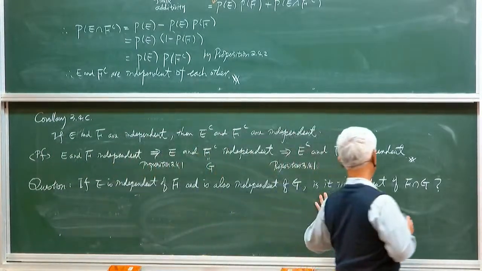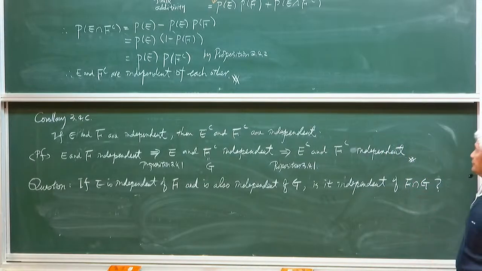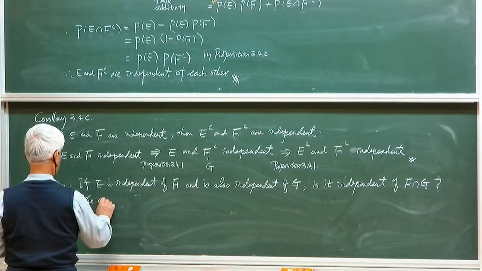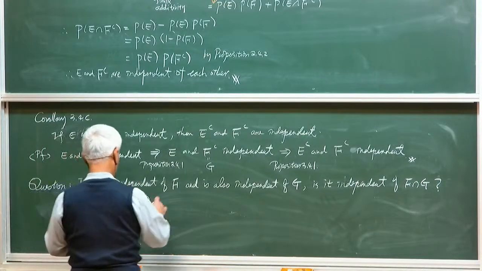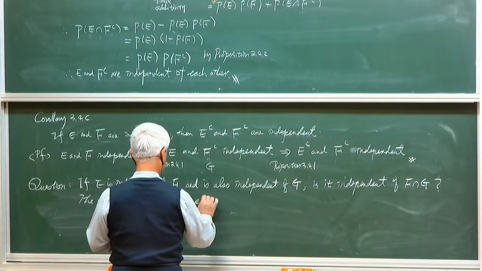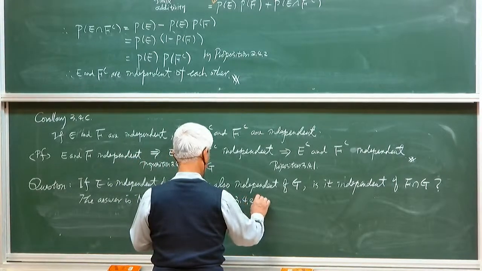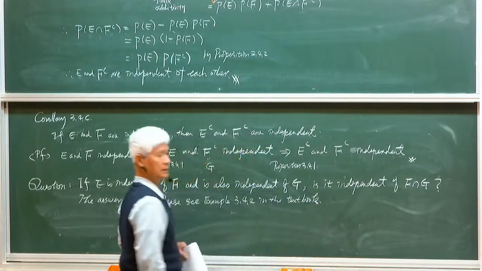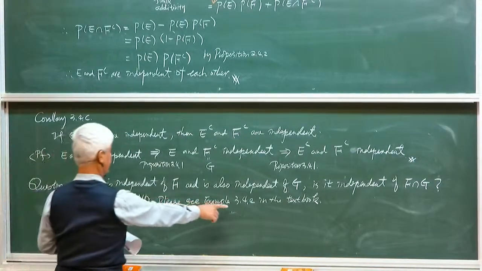Now the question is whether E is independent of the joint event of F and G. And the answer is no. Please see example 3.4.E in the textbook. You will see a common example in the textbook.